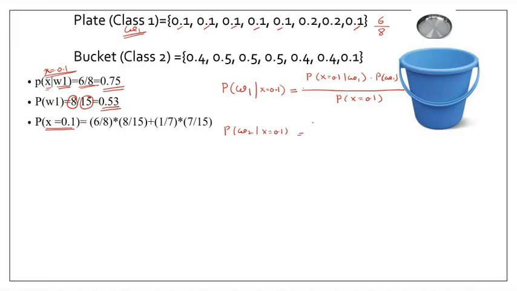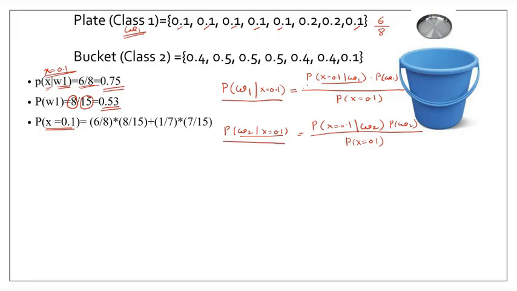You just flip what is inside this bracket. So it is x is equal to 0.1 given omega 2 into probability of omega 2, divided by again probability of x is equal to 0.1. So I want to solve or find out these probabilities, then I will take a decision.